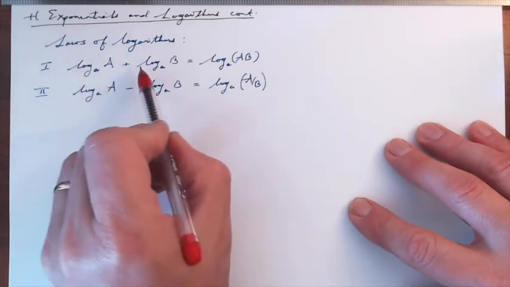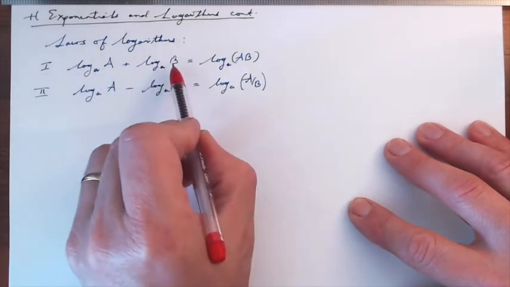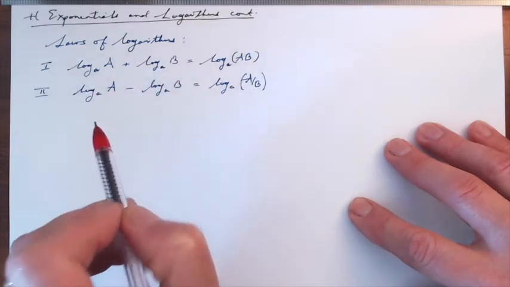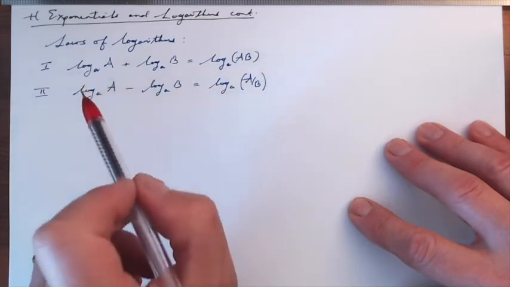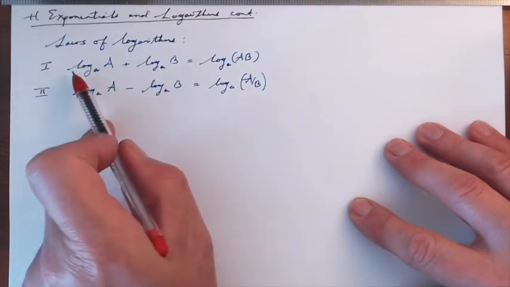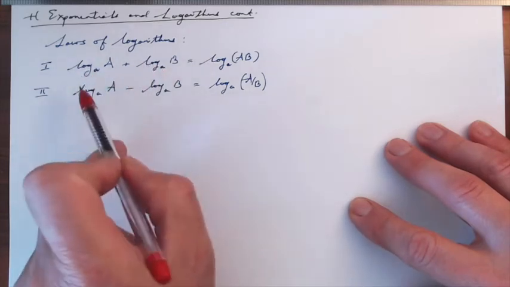If you have different coefficients, say I have log a plus 2 log b, I would not be able to directly use this law. So be very careful, particularly in exam questions. They like to test you on these laws, but you can only use these rules that I've written so far if the coefficients are the same before each logarithm.